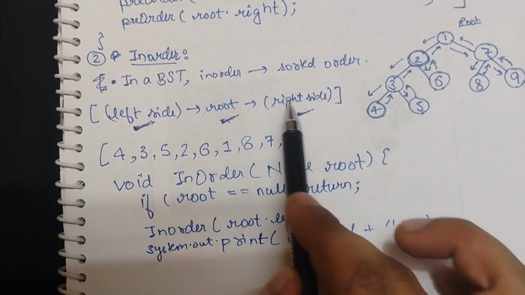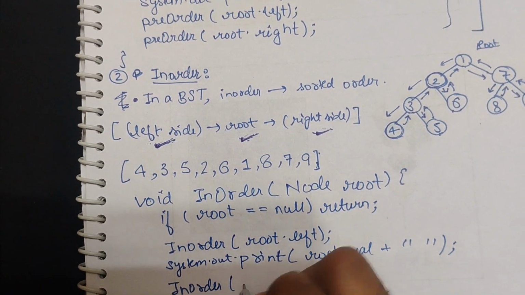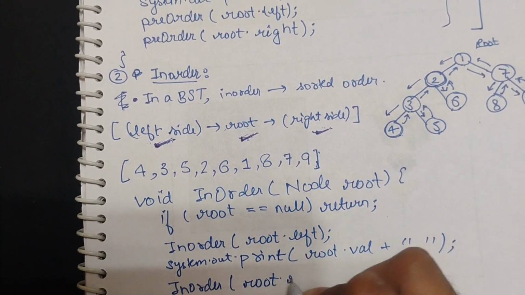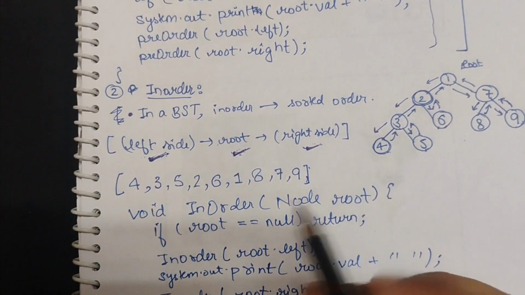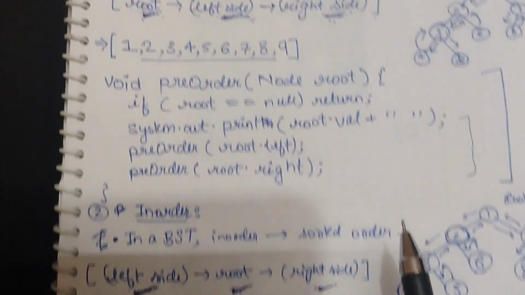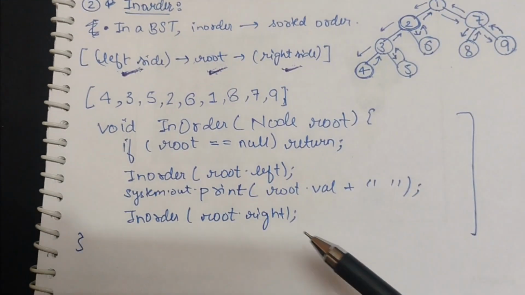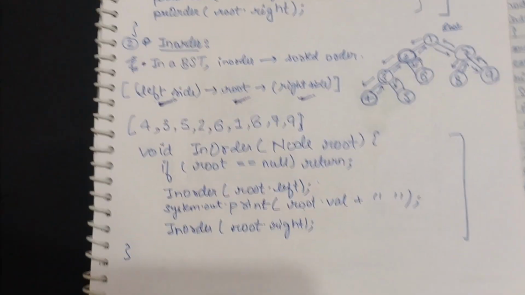After completing this, it will move to the right side. So I'll call Inorder and the parameter I'll give is root.right. So that's it. This is our code for Inorder Traversal. You can see it is just like this one. I've just swapped this line with this line. Okay, so this was Inorder Traversal.